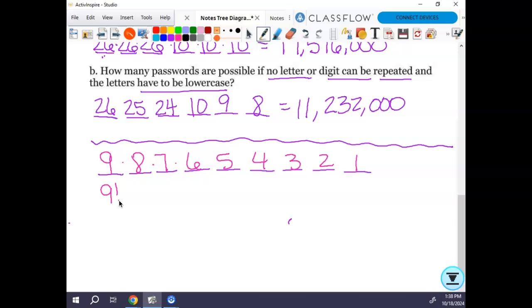Because anytime we do something like this and then we talk about it, it just seems insane to me what the number actually is. I don't know where the factorial symbol is, so I'm actually multiplying this out. That is 362,880.